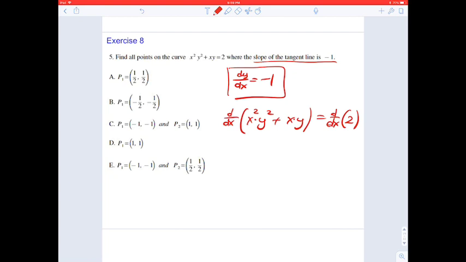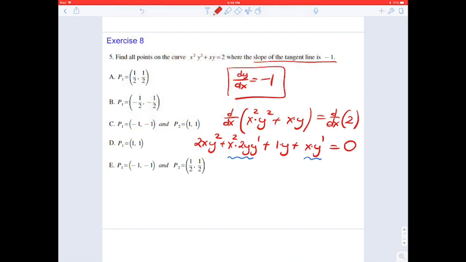Product rule. Derivative of x squared is 2x times y squared plus x squared times derivative of y squared, 2y y prime. Now another product: derivative of x is 1 times y plus x times derivative of y, and 0 on the right. We're looking for the terms with y prime.